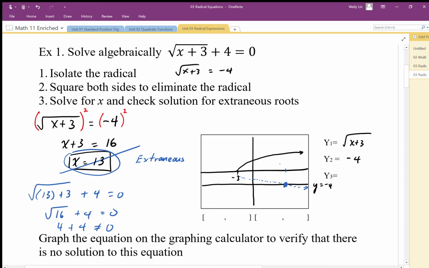And that will intersect it at x is equal to 13. Okay, so if you just adjust your window a little bit, you can see that if you were to draw the mirror image of that, the other half of the parabola on this graph, it does in fact intersect that y equals negative 4 line. And there it is.